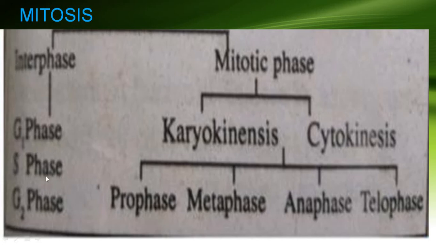S is the synthesis phase, where DNA synthesis is taking place. G2 is gap 2 or the second growth phase, where the proteins are synthesized which will be required for the mitotic phase and the growth in size.